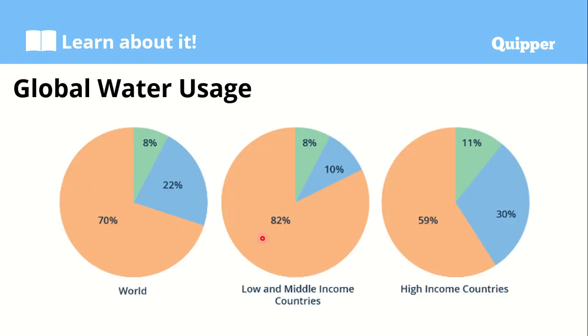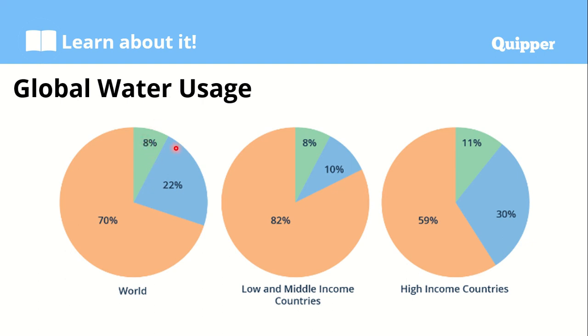So here is the global water usage. This orange one presents the industrial use of the water. The green one presents the domestic use or yung ginagamit na siya sa animal production.